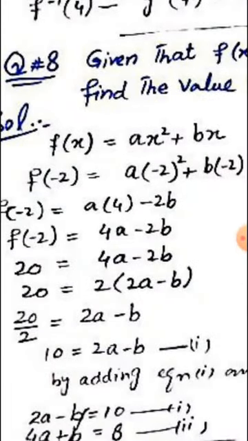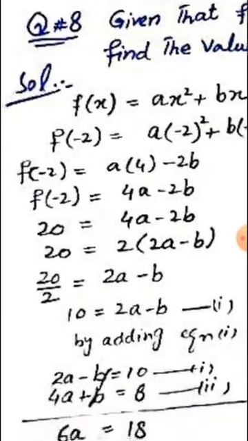Put the value of x, which is minus 2, in f(minus 2). So f(minus 2) is equal to a into (minus 2) square, because it's x square, plus b into minus 2. Minus 2 square is positive 4, so 4a minus 2b.